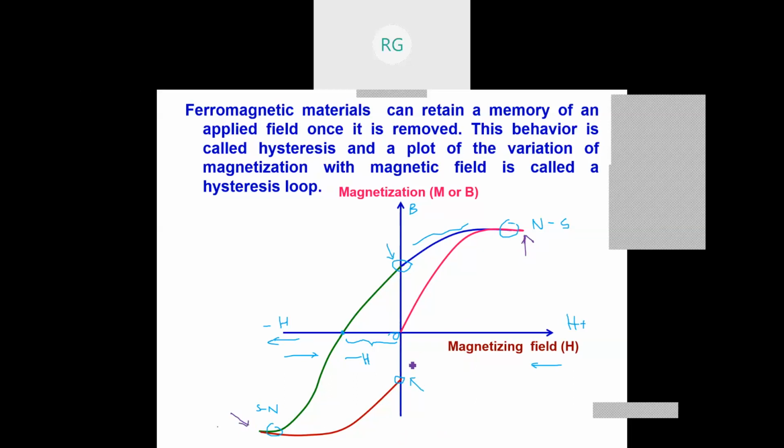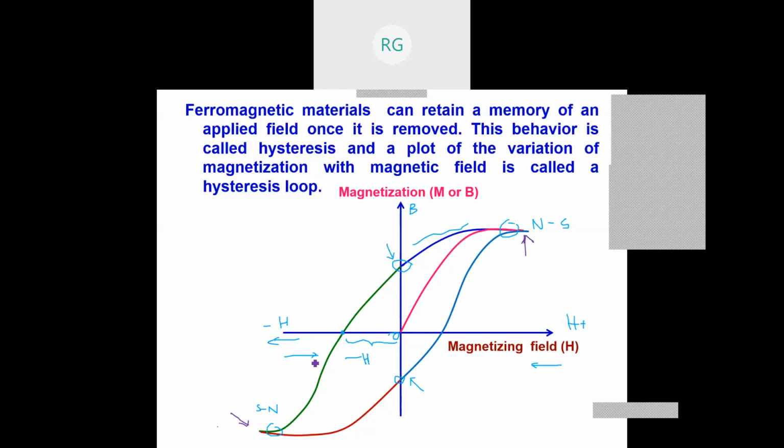Now if we apply magnetic field in the opposite direction, what happens? The curve goes like this. That means a ferromagnetic material will not follow the same path during magnetization and demagnetization.